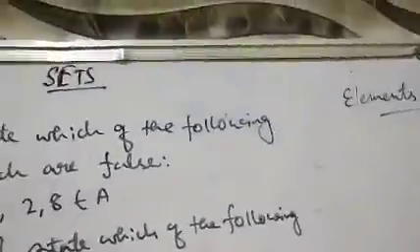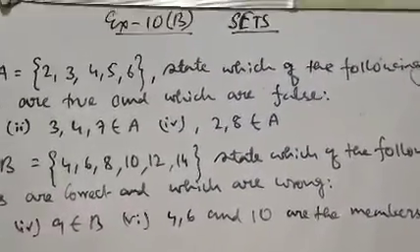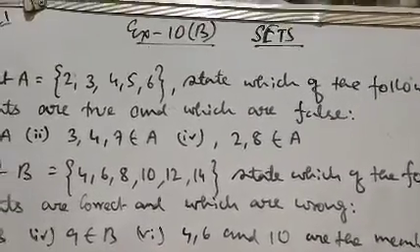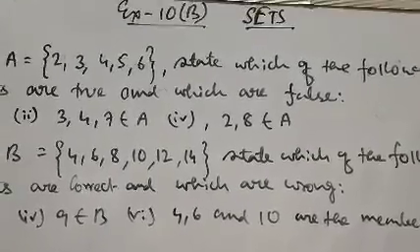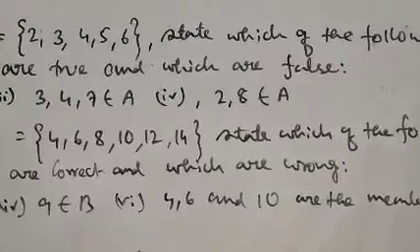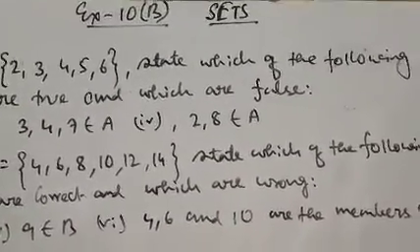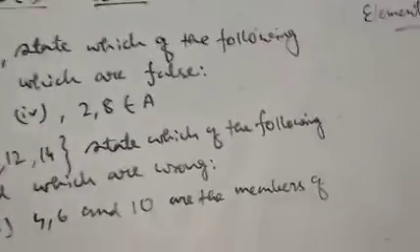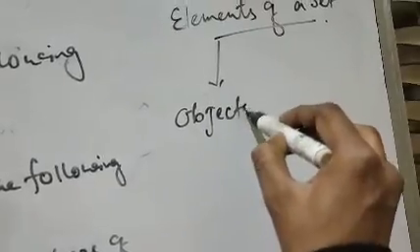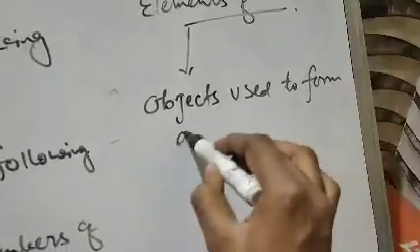Elements of a set. Now see, to form a set, some objects are required. Those objects which are used to form a set are called elements.